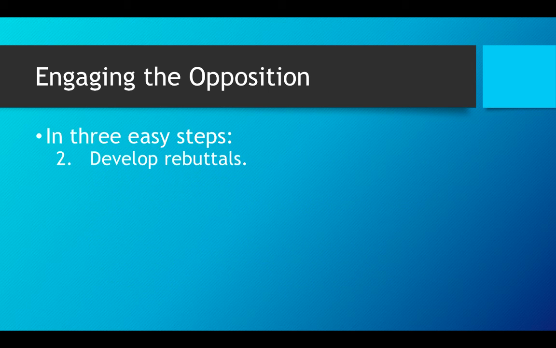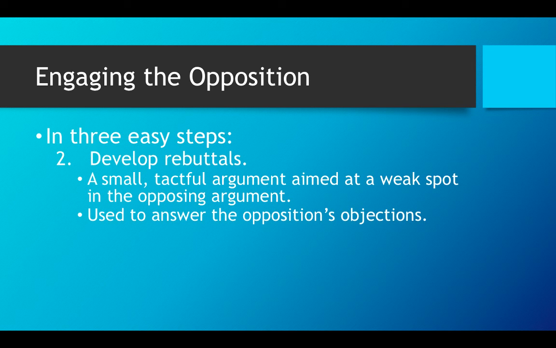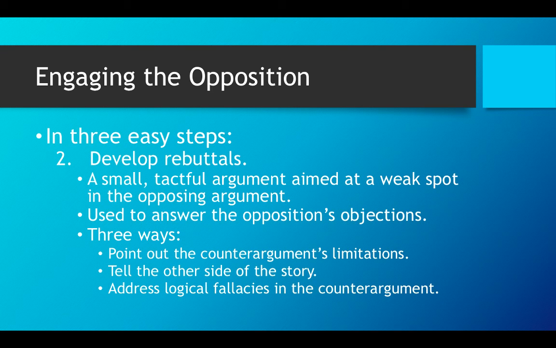The second thing that you need to do is you need to rebut what the counter argument was. You need to rebut the opposition. It's a very small, very tactful argument aimed at a weak spot in the opposing argument. And we use a rebuttal to answer the opposition's objections. We can point out the counter argument's limitations.